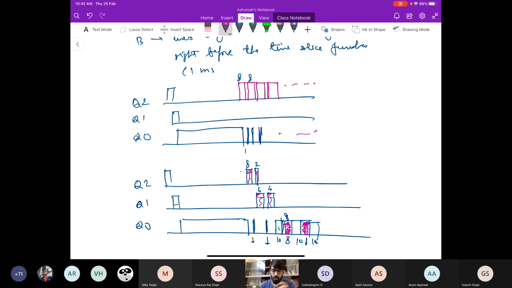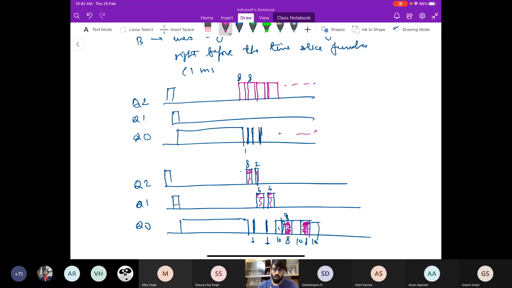The demotion rule was tied to the time slice. But now there are these two parameters: one is the time slice, and one is the allotment, how much time is allotted at each level.